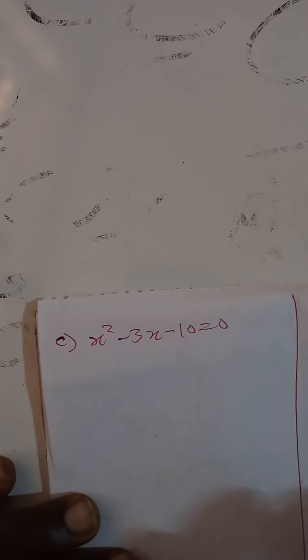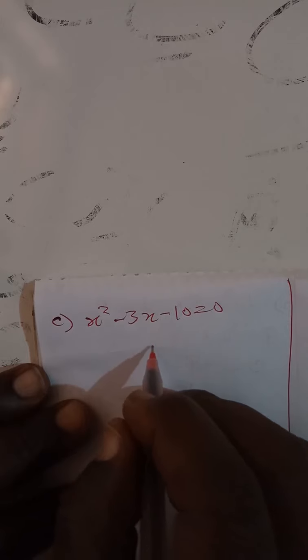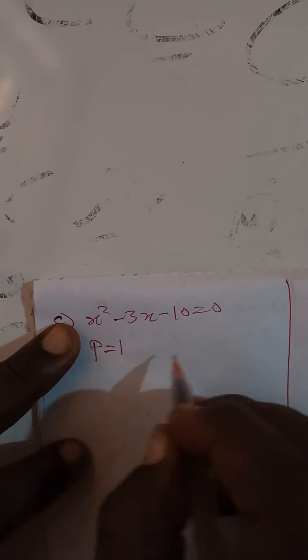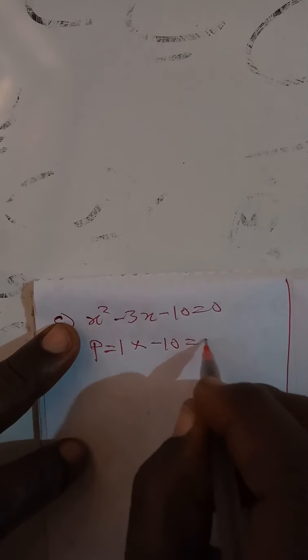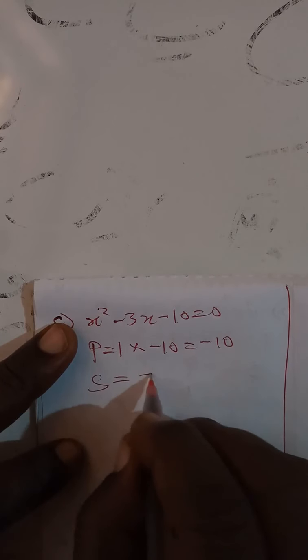Okay, so we have it. It's now clearer. x squared minus 3x minus 10 is equal to 0. What do we do? The product I deal with here is 1 times minus 10, which will give me minus 10. And then the sum I deal with here is minus 3.